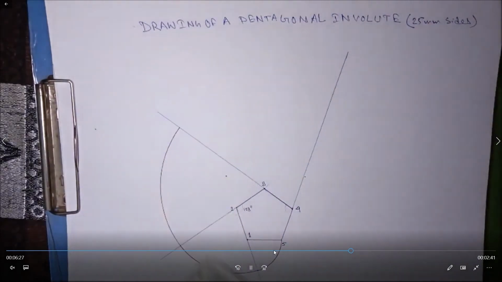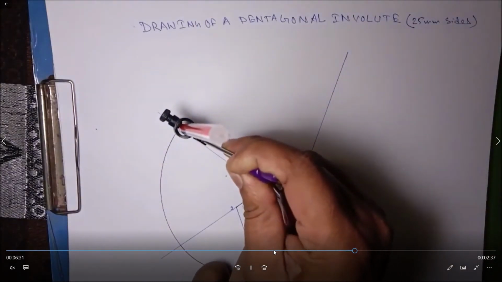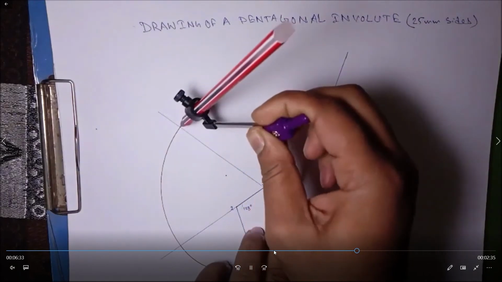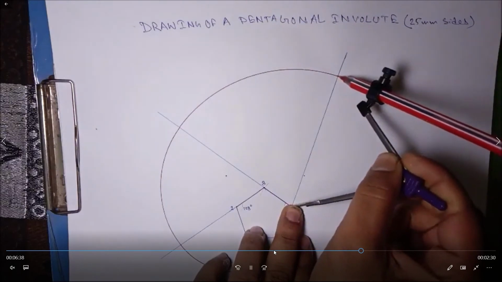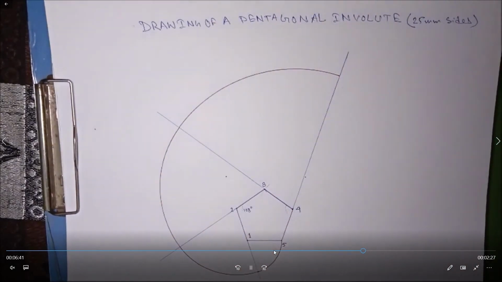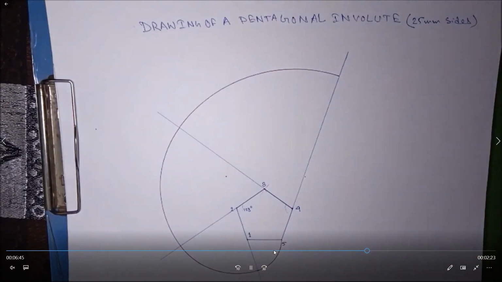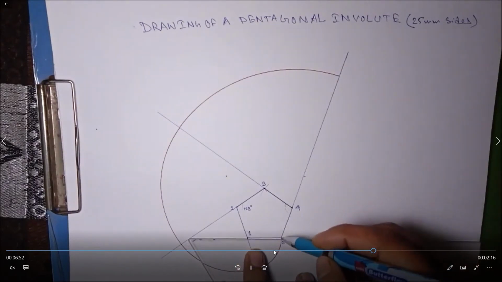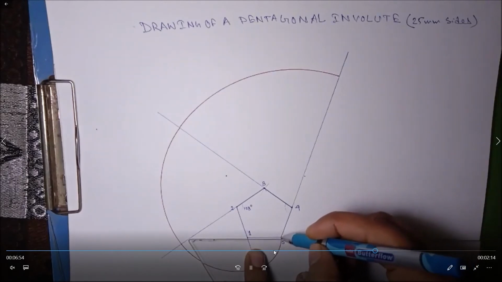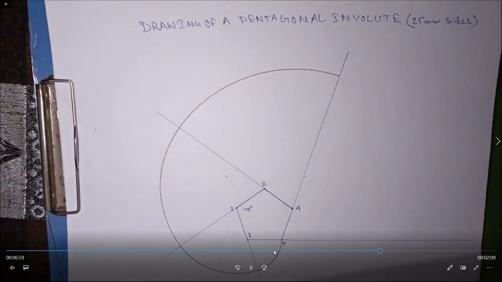We measure the P1 to 1 dash, and 1 is the center. We draw the arc. 2 to P2 point, radius, second is the center. So in this way, first point 25, second point 50, third 75. Okay. Fourth 100, fifth 125.